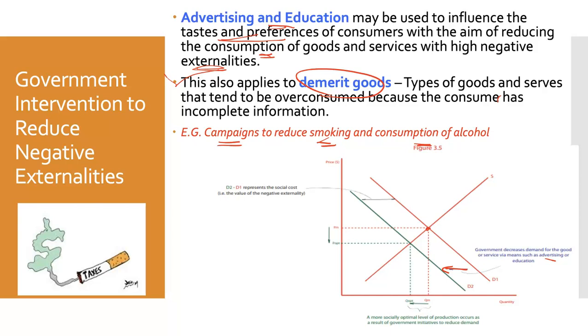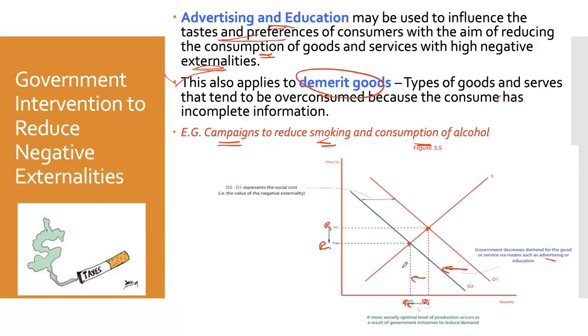The original quantity traded or equilibrium occurred at Q1 with a price P1. And there has been a new demand curve leading to a new quantity traded and equilibrium state. And there has been a reduction in the quantity traded.